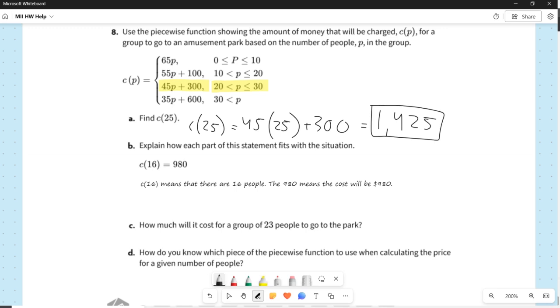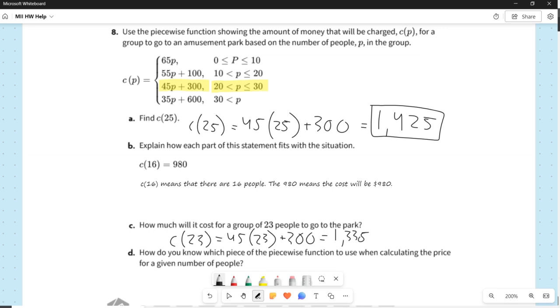So we are essentially looking for C of 23. C of 23 is 45 times our input, which is 23, plus 300. Again, I leave it to you to evaluate this on the calculator, but we end up getting 1,335.